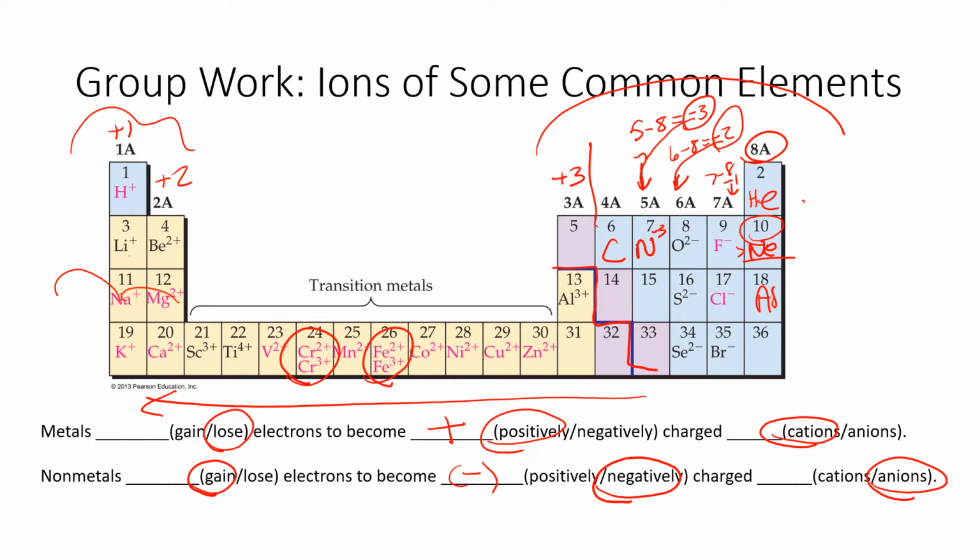Iron can come in 2 charges. Copper comes in +1 and +2. Transition metals will form more than one ion, and there is no clear-cut pathway based on the group number to determine that charge.